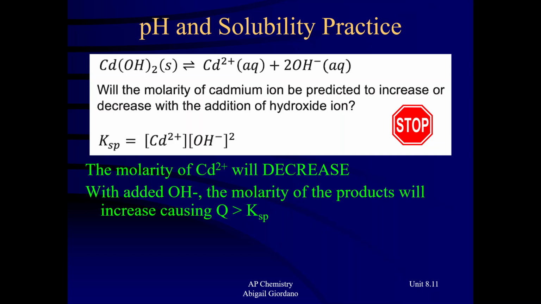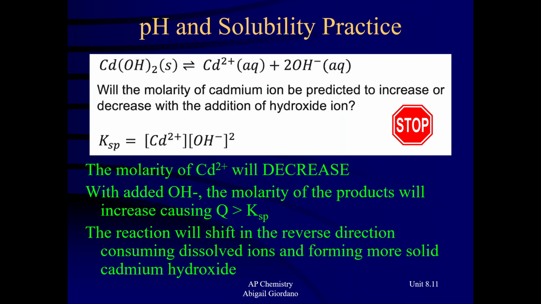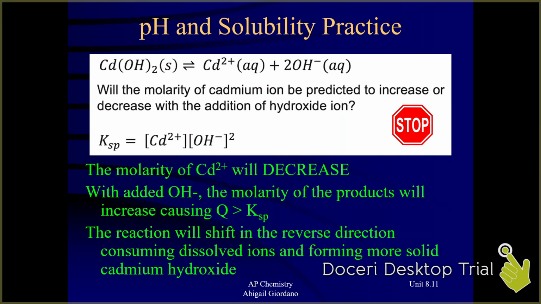That causes Q to be greater than KSP, and we're going to get a shift in the reverse direction, consuming products, the dissolved ions, and forming more reactant, that solid cadmium hydroxide. Just keep in mind, guys, that this question was very specific to ask us about what is happening to the molarity of that cadmium ion. Since I know that the shift is going to be in the reverse direction, that product molarity should be decreasing.